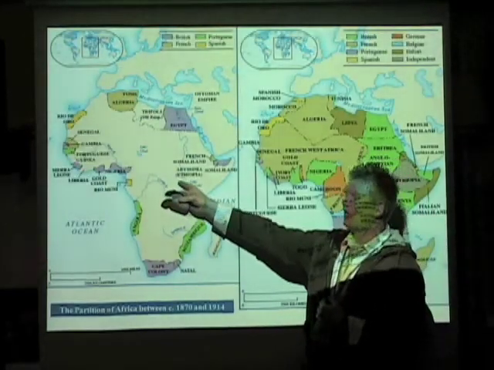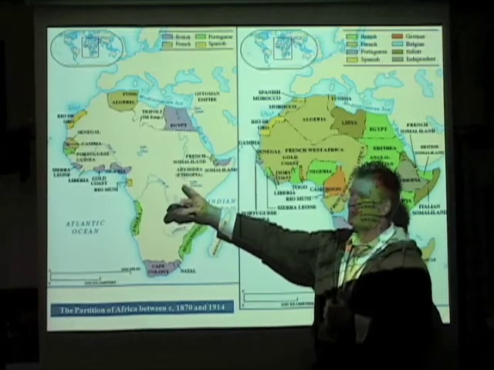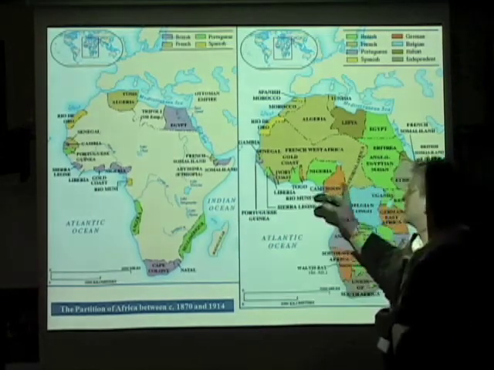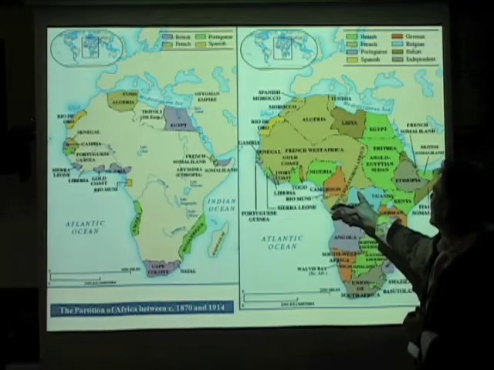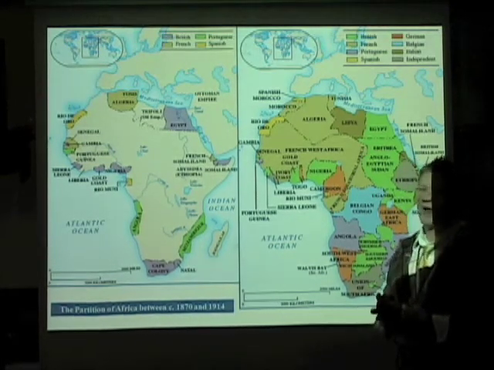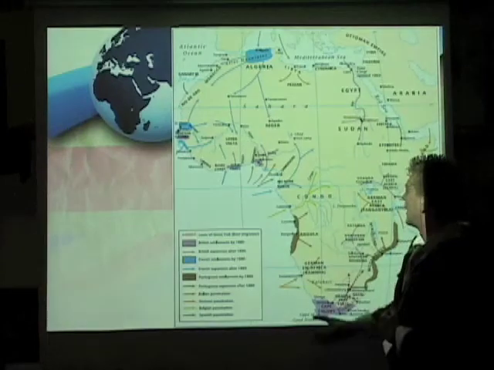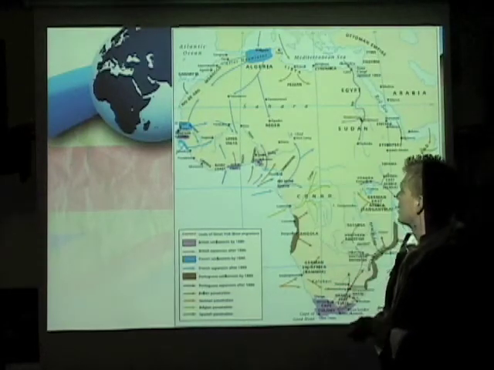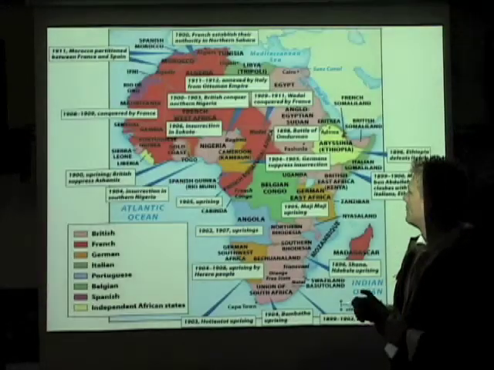The Partition of Africa, your maps and your power notes, you'll see the beginning stage, and then the ending stage of basically Africa being carved up for their natural resources. Here's the entries into these areas by their countries as well.